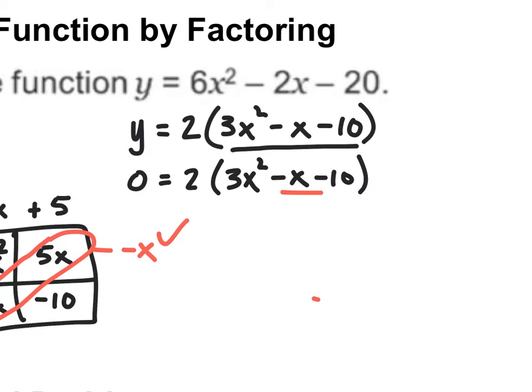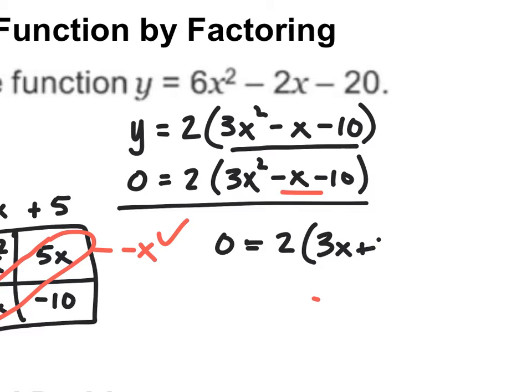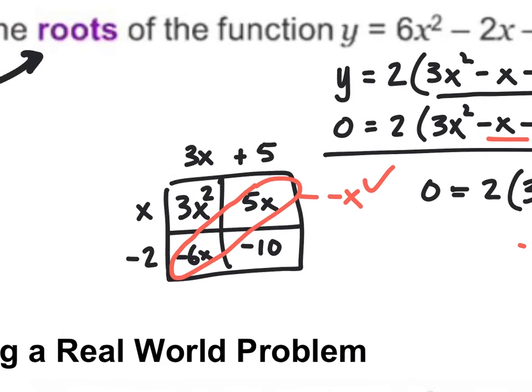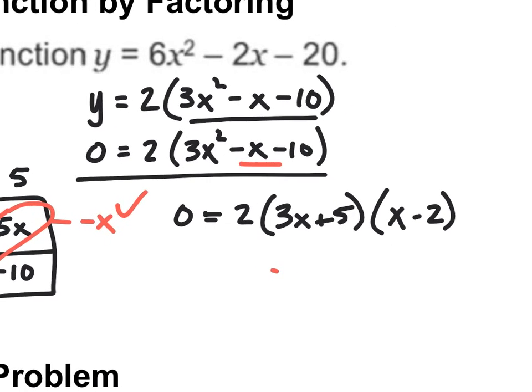Okay, so now, here's what all this stuff factors to. I'm going to rewrite my equation here. I've got 0 is equal to 2 times 3x plus 5 times x minus 2, okay? So 3x plus 5, x minus 2. Now, you're probably wondering about this 2. This 2 doesn't really affect anything. This is a multiplier.